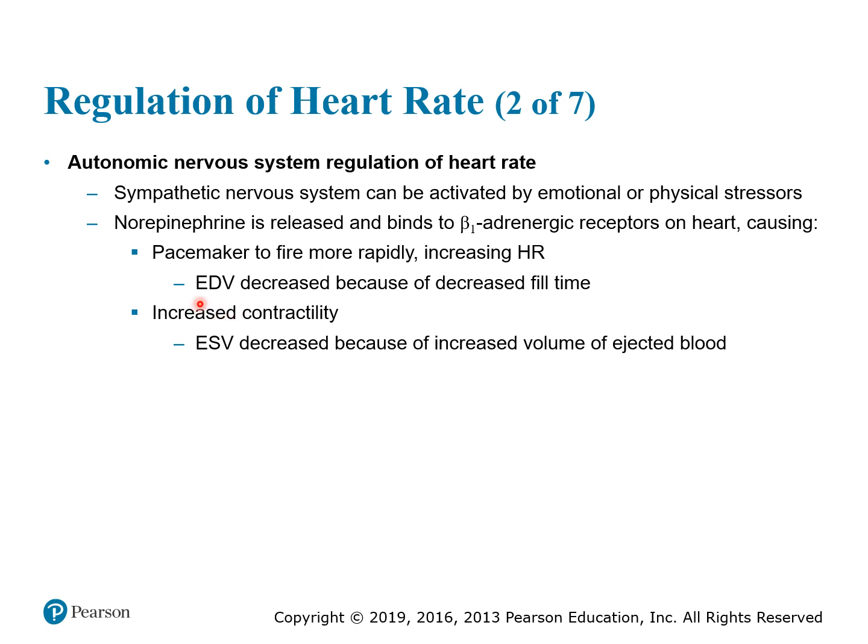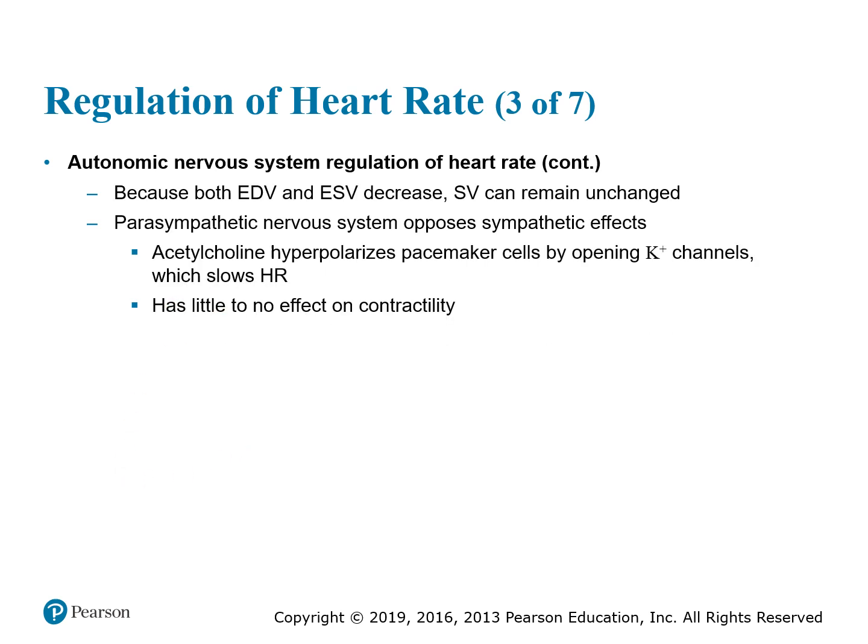So it is decreasing both the end diastolic volume and the end systolic volume, and because both have decreased, the stroke volume can remain unchanged. So the sympathetic nervous system does not affect the stroke volume that much, although it increases the heart rate and the contractility. But because it is affecting both the EDV and the ESV, the SV has remained unchanged.